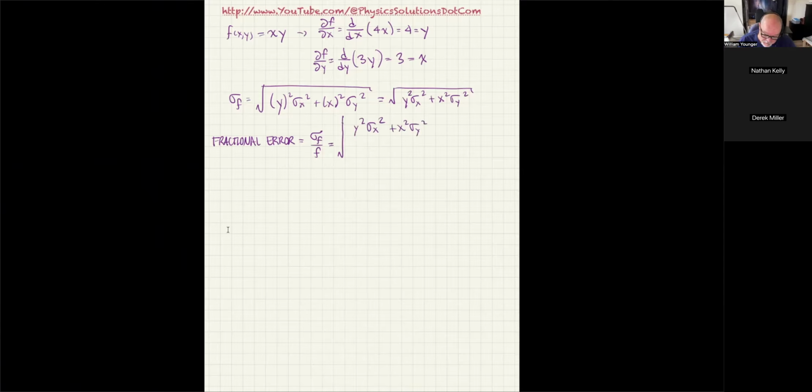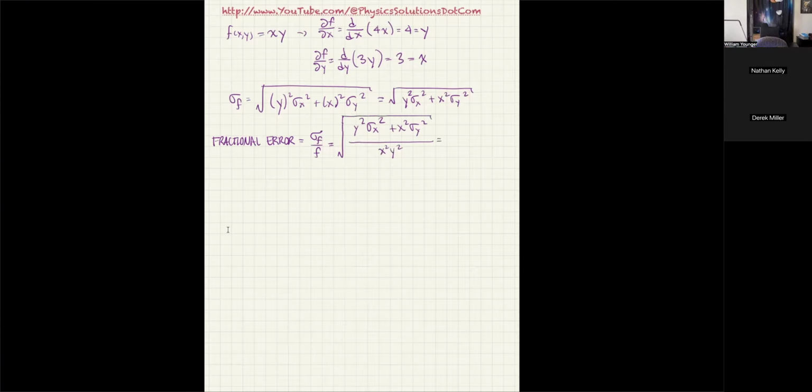That's the uncertainty in f. Now I'm also planning to divide by the function f, which is x times y, but I want it under the square root. So the way we can force something that's in front of the square root to go inside of the square root is we have to square it, because that's the opposite operation from taking the square root. So I'm going to square the function, which is x times y. That gives me x squared times y squared.